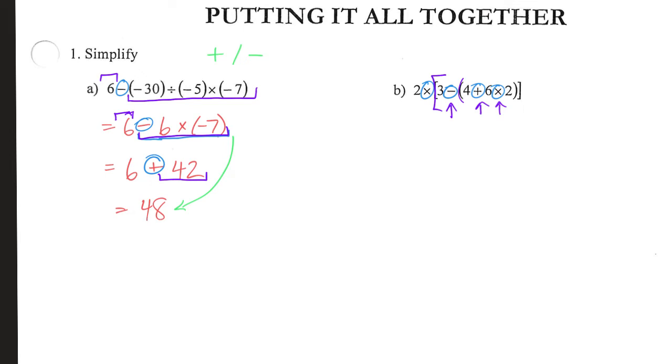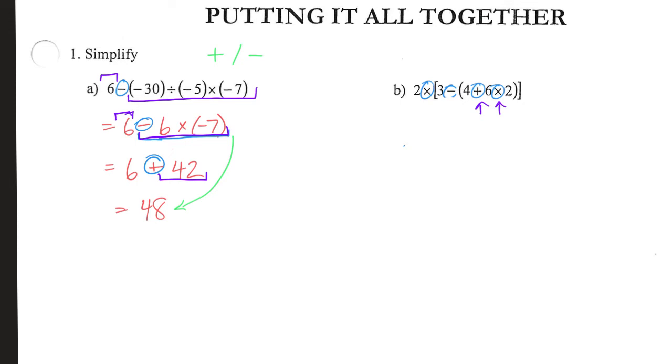So I'm just going to try to get rid of these big purple brackets I drew on and then these smaller round brackets. What I need to work with is what's inside my most inner brackets. Well, that at least narrows it down to 2 operations. So now I have to work between my plus and my multiplication, and BEDMAS tells me I have to multiply first. So I've got a little bit of copying to do within this problem.